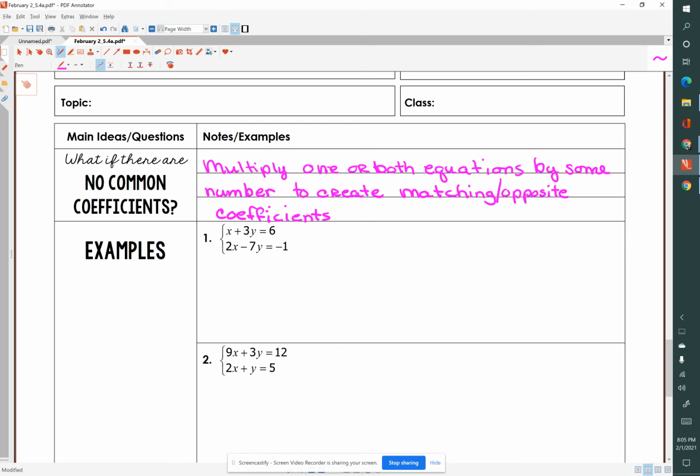So let's get started. So we have x plus 3y equals 6, 2x minus 7y equals -1. I can take the first equation and multiply it by 2, so that I then have 2x plus 6y equals 12. Remember, multiply every term in the equation by that number. And then the second equation, 2x minus 7y equals -1, I can just take that equation and subtract it.